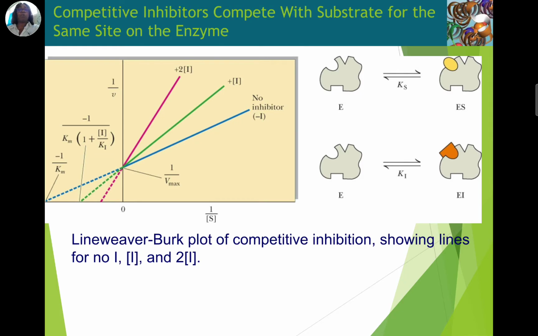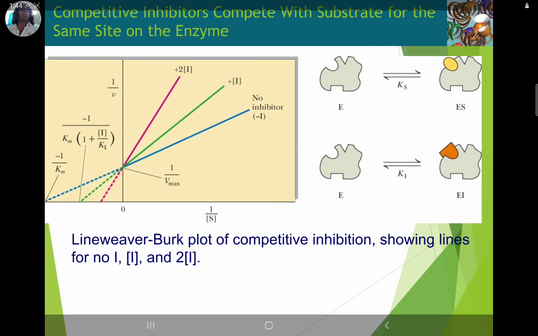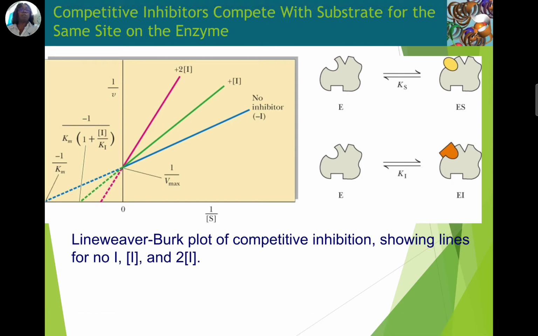And if we double the concentration of the inhibitor, we then get this pink line. And so notice that what is happening is that Vmax, or 1 over Vmax, remains the same. However, notice that the Michaelis-Menten constant is going to be affected. And so this plot, when you see changes like this, it indicates that an inhibitor is acting.